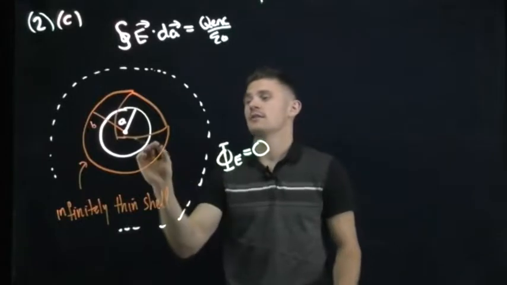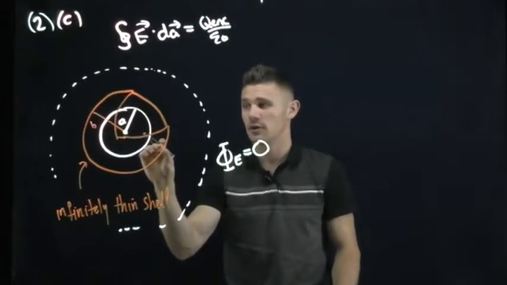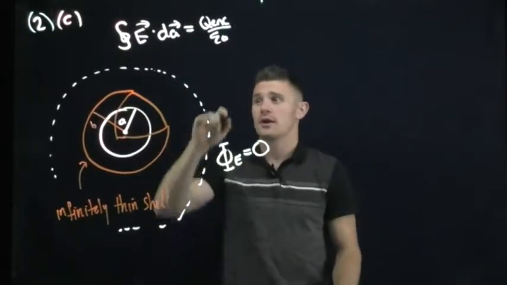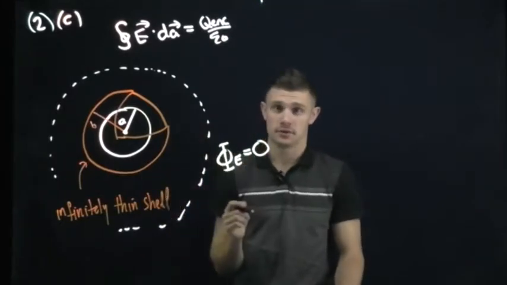Again, that's because the flux from the positive sphere of charge on the inside and the flux from the equal and opposite negative infinitely thin shell of charge on the outside are going to cancel, and our Gaussian surface is going to enclose all that charge, and the charge through that surface is equal to zero.